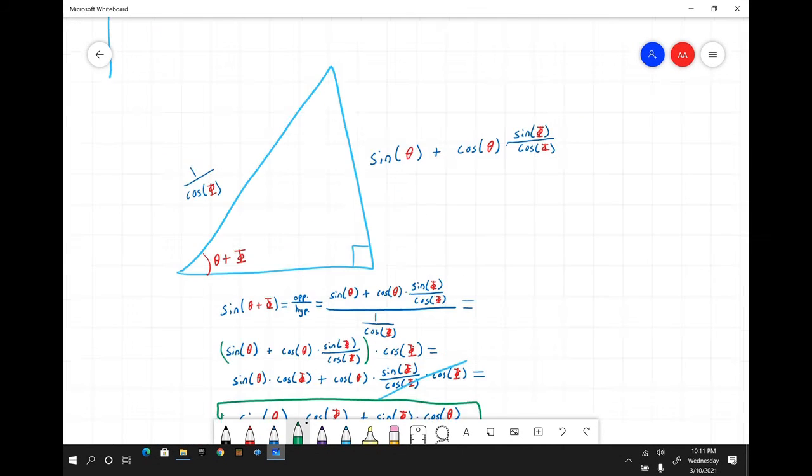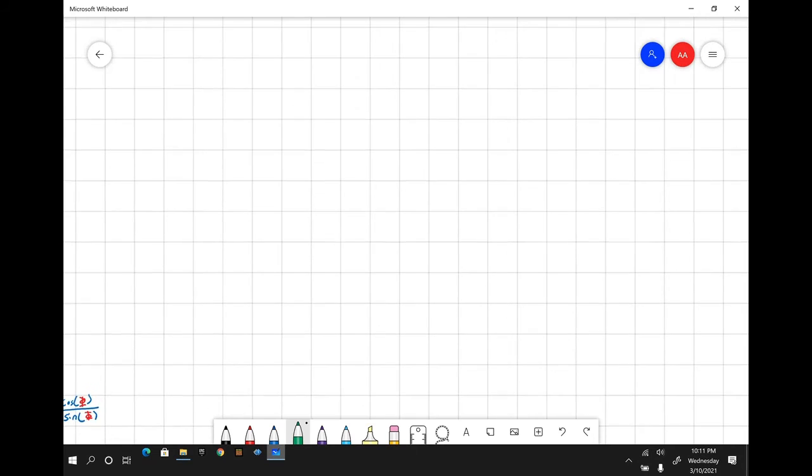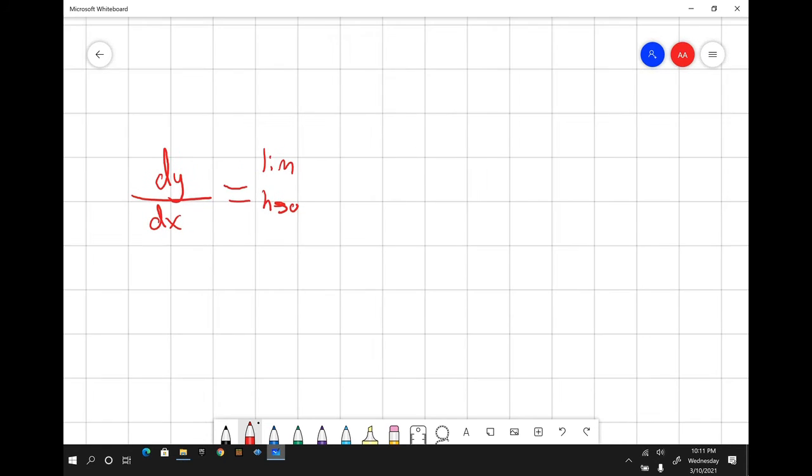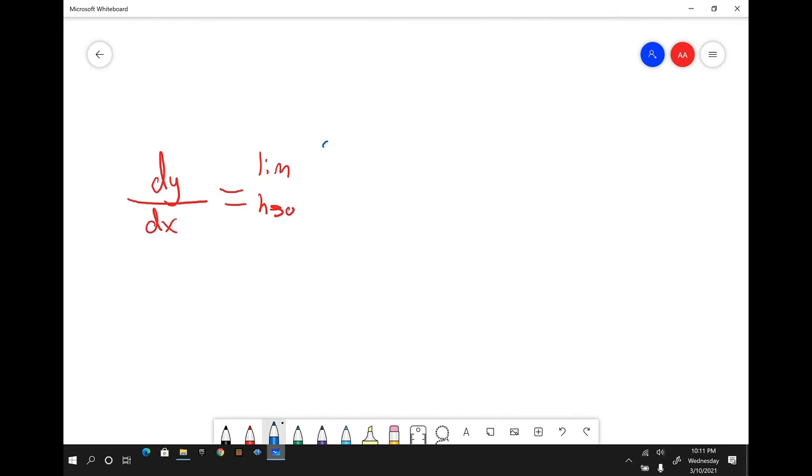Now, let's rewrite our derivative equation so that we can solve for the derivative of the sine of x. So we'll have dy over dx is equal to the limit as h goes to 0 of our function, which is the sine of x. So we'll have the sine of x plus h minus the sine of x divided by h.